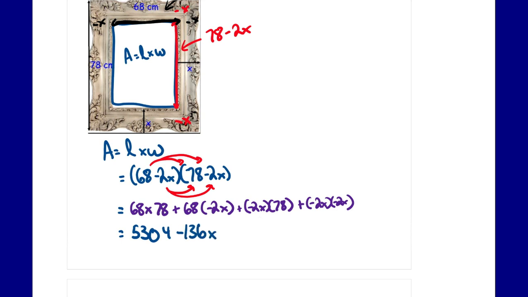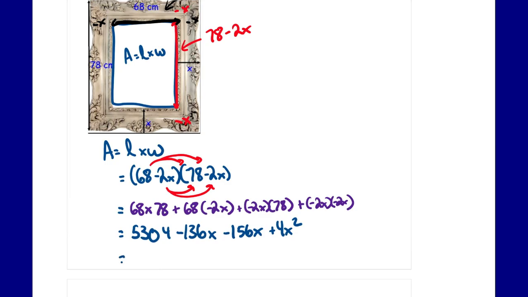Negative 2x times 78 is negative 156x. And negative 2x times negative 2x is plus 4x squared. So you might just go from here to here without doing everything in purple, which is fine. If you need to do the step in purple, by all means, go ahead, to show your work and make sure you don't get lost.